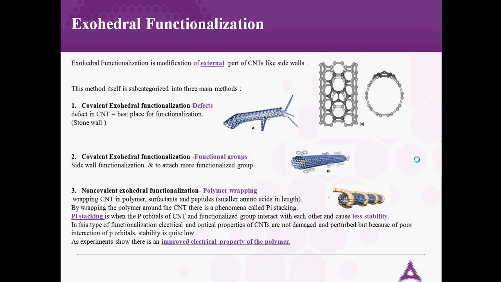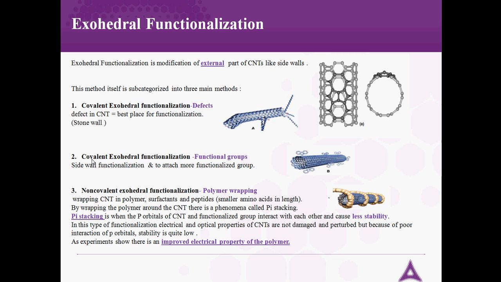There is an example of that which we see here, which is called a stone wall. As you can see, we have more atoms in comparison with the neighboring atoms, so it's called a stone wall. In these stone walls we can attach the functionalized group.